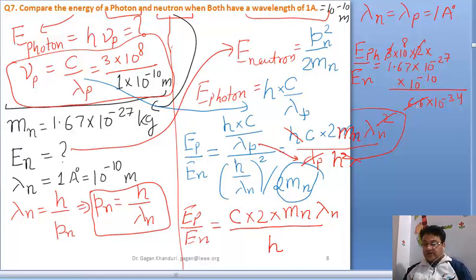The 6 gets cancelled by this 6.6, and because I have cut a larger number from 6, I am going to reduce this number and write it as 1.